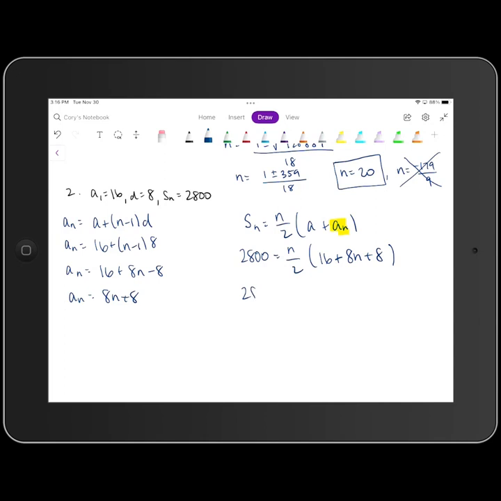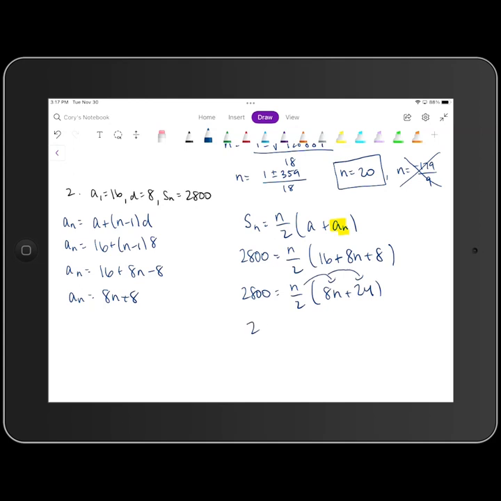So that makes 2800 equal n over 2. And then when I simplify what's inside the parentheses, we get 8n plus 24. Now, I know in the last problem I multiplied both sides of the equation by 2, but I don't have to do that here because if I distribute n over 2 across both of these terms, that's going to get rid of the fraction.